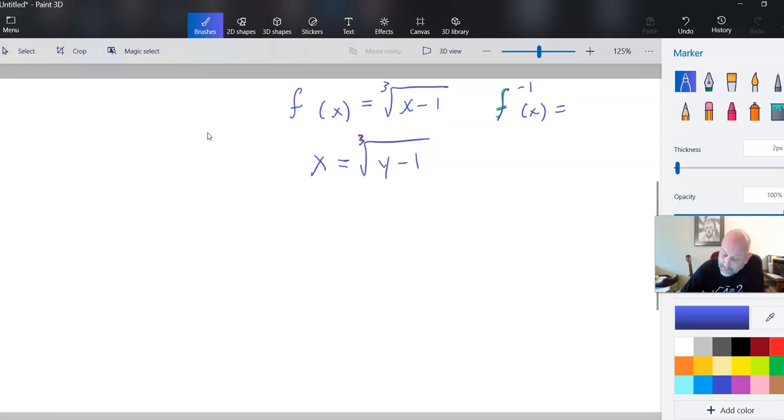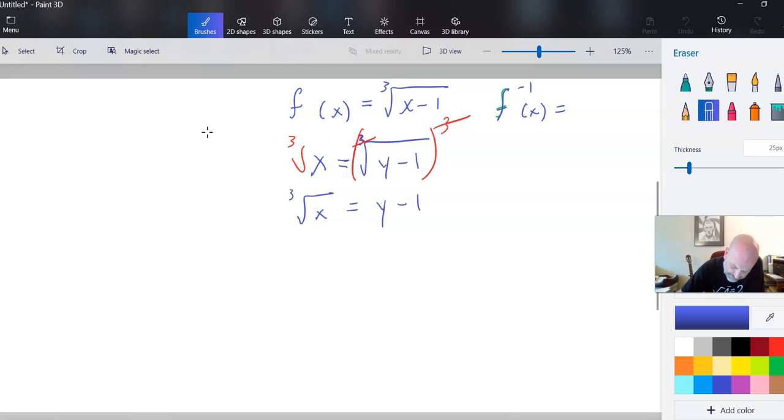There we go. And to get rid of a cube root, what you do is you cube it, right? And so cubes and cube roots kill each other, but we have to put a cube over here too then. So now we have the cube of x is y minus 1. No. I did that completely wrong. The cube of x. There we go.